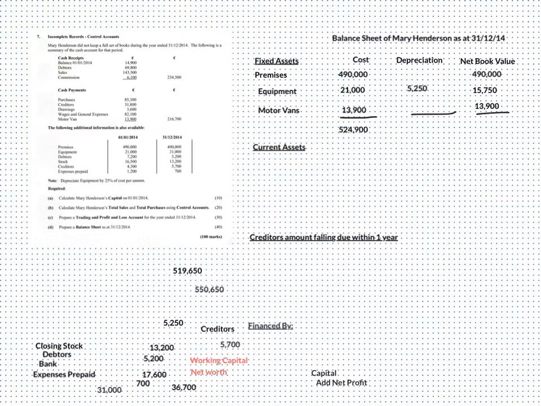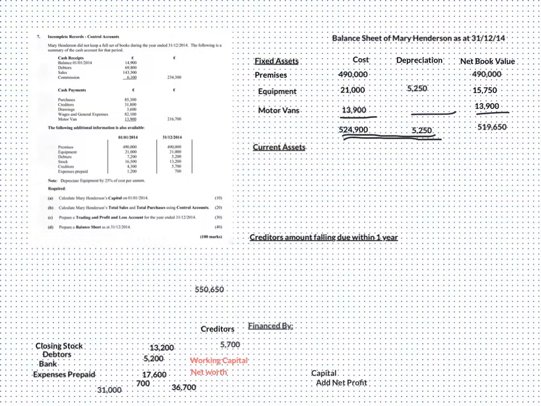The next one is 5,250. Nice and easy. And then the final is 519,650. Again, the only column we need is the last column, so I can double underline these because we won't need these figures again. This is the important figure we need, which is the actual value of our fixed assets on the last day of the year.